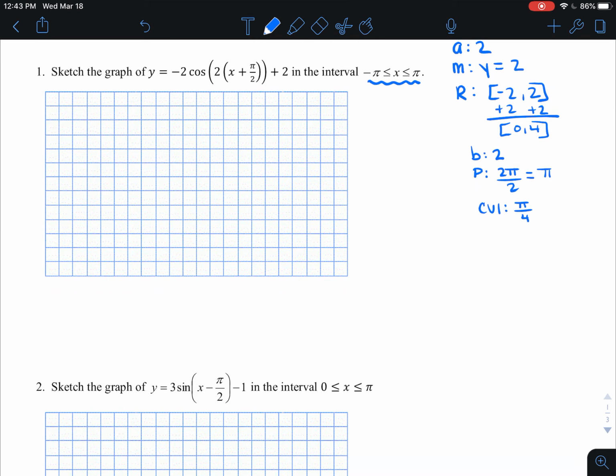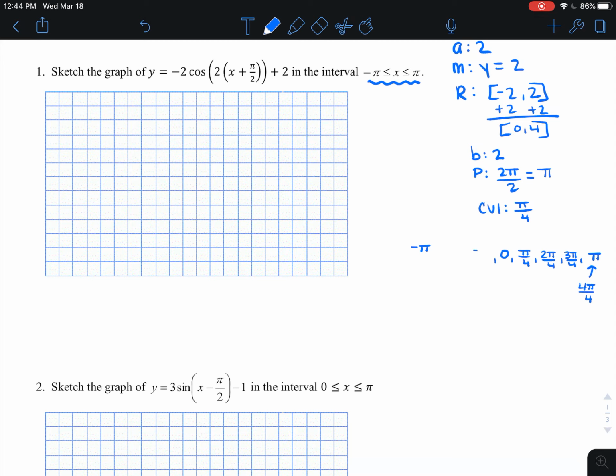Now, my domain is going from -pi to pi, so the actual critical values that I'm going to put on my x-axis, I'm going to start at -pi, and go all the way to +pi. If I start in the middle, similar to a question we did yesterday, I would start by going over 1 pi over 4, then 2 pi over 4, then 3 pi over 4, and then I left myself just enough room because pi is really 4 pi over 4.